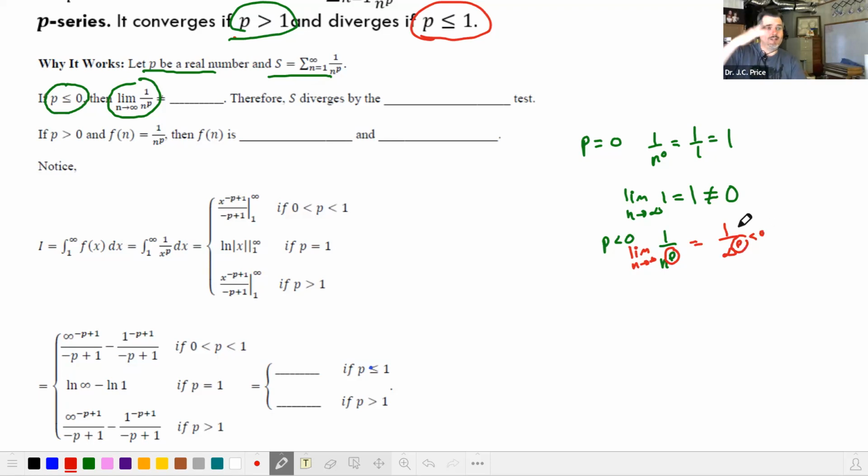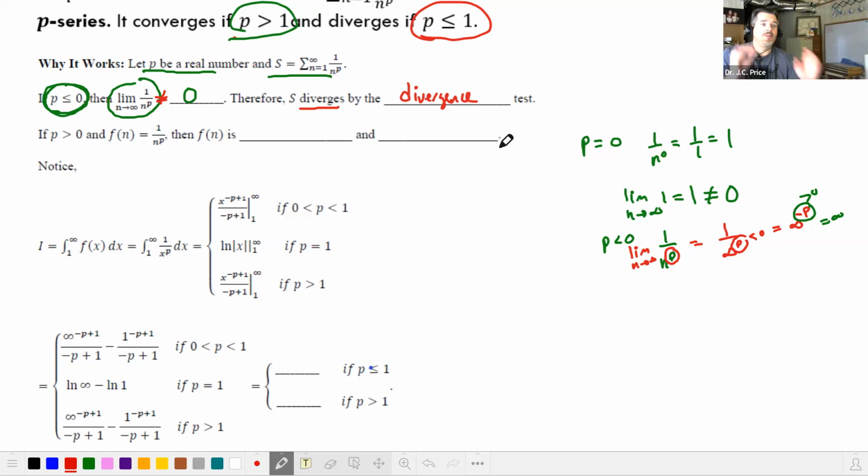So when P is negative, it shoots it back up into the numerator, and you get infinity to the negative P, and now negative P is positive, that's bigger than 0, so it's going to equal infinity. So basically, when P is negative or 0, the limits of those terms are not going to go to 0. And so since they're not equal to 0, we can conclude, therefore, S diverges by the divergence test.